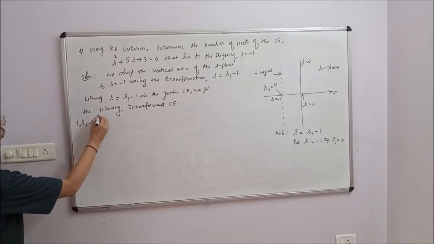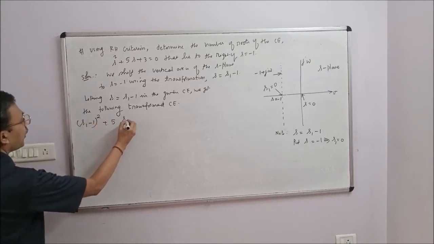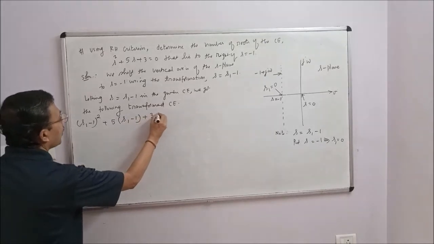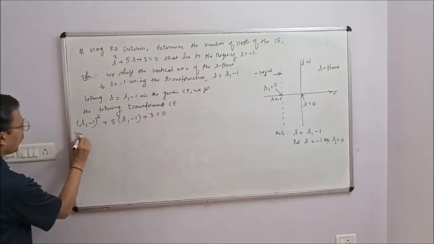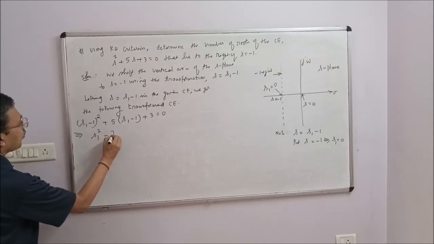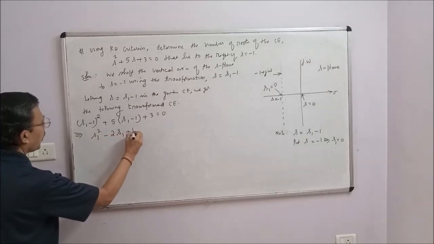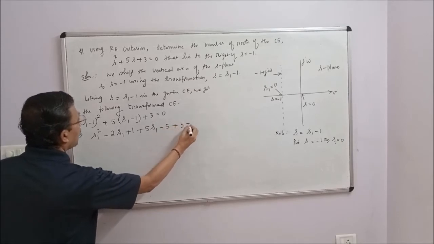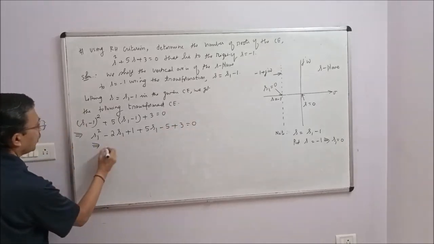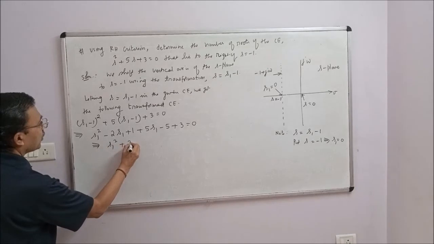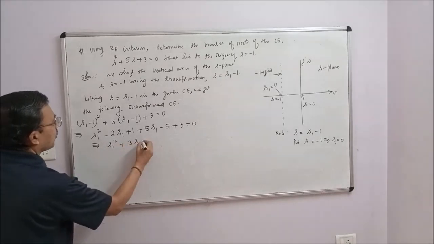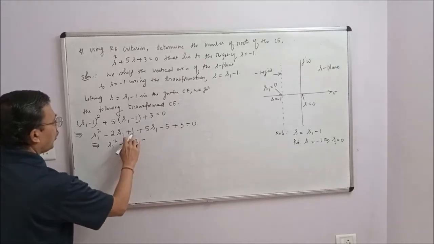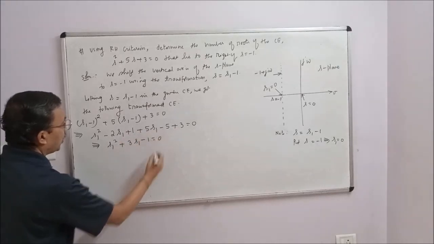S1 minus 1 whole square plus 5 into S1 minus 1 plus 3 equal to 0. This implies S1 square minus 2S1 plus 1 plus 5S1 minus 5 plus 3 equal to 0. This implies S1 square plus 3S1 minus 3 plus 1 is 4, 4 minus 5 is minus 1 equal to 0.